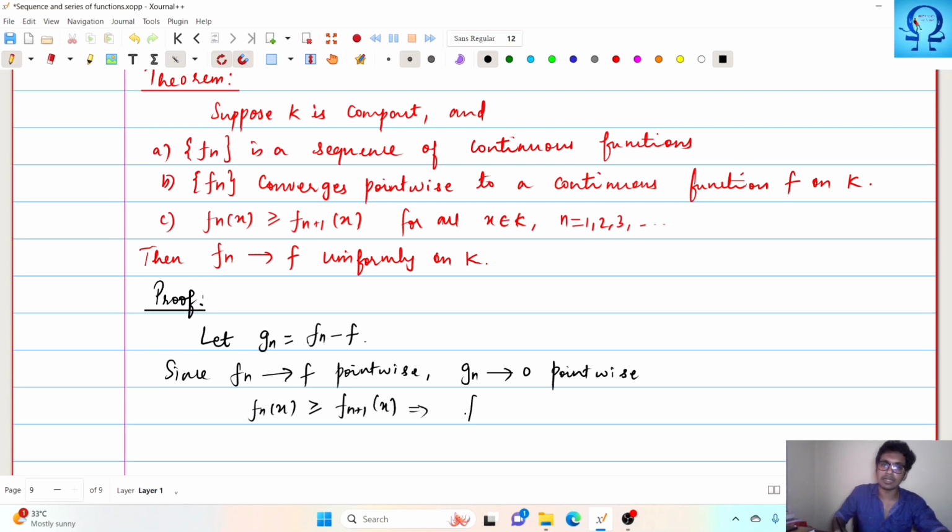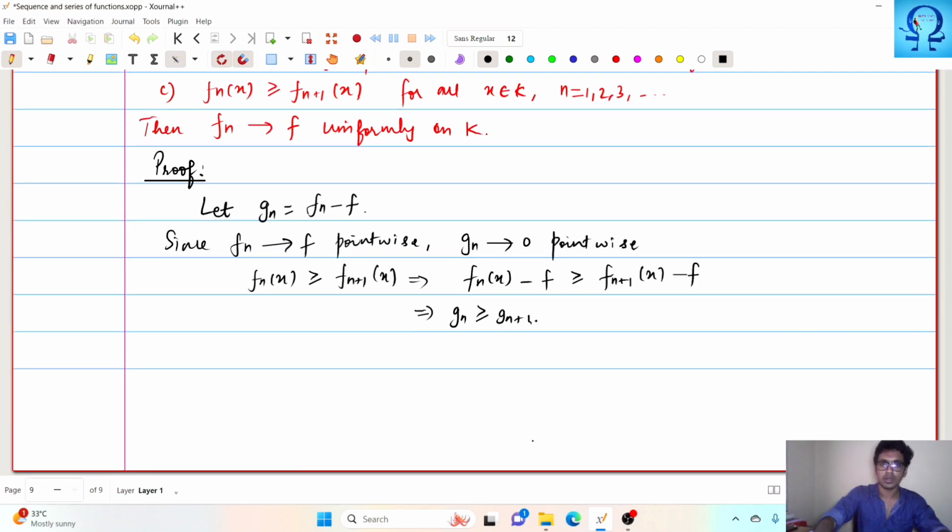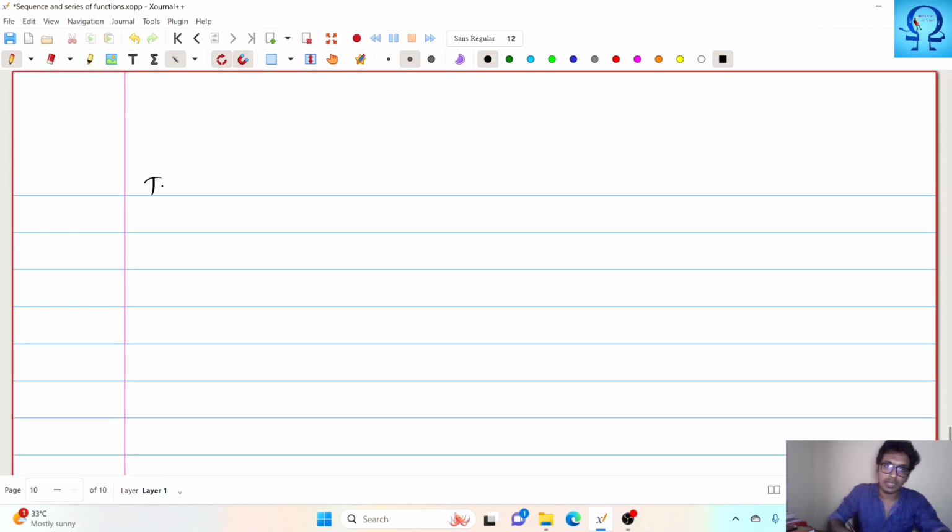This will not be altered when we add or subtract the same quantity, which means that our Gn is greater than or equal to Gn plus 1. Now to prove fn converges to f uniformly, it is enough to prove our Gn converges to 0 uniformly on the given compact set K.